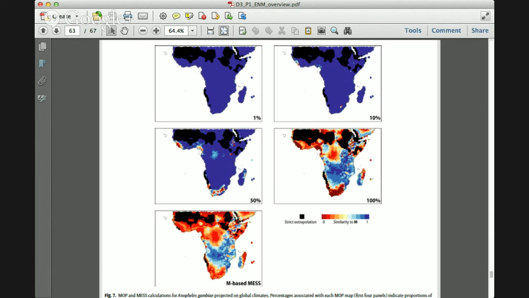Perhaps the 1% and 10% maps are the most important ones, and the 50% and 100% ones are less important. But the point is, we might be careful in any of these areas where the conditions to which we are transferring our model are relatively extrapolative.